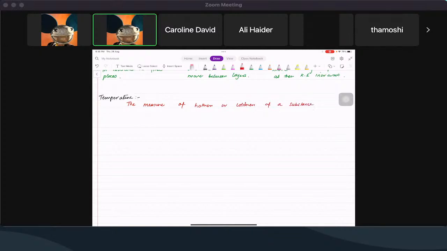So either you can write this or you can say temperature depends on the average kinetic energy of particles in the system. So if the average kinetic energy is higher, it means the temperature is going to be more. If it's lower, then the temperature is going to be less. Is it clear, everybody?